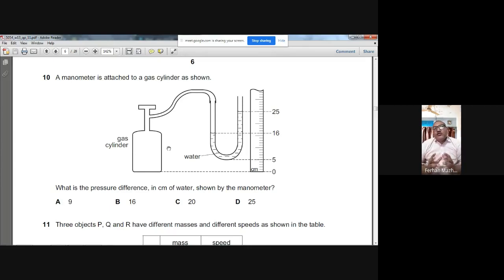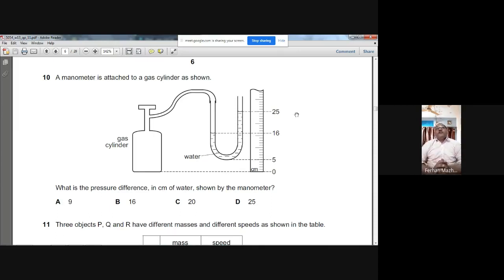You will see that a manometer is a U-shaped tube, and you will look for the difference of the level of the mercury in both the sides or limbs of the U tube. Here on the gas side, the level of the mercury is at 16, and on the atmospheric side, the level of the mercury is 25.